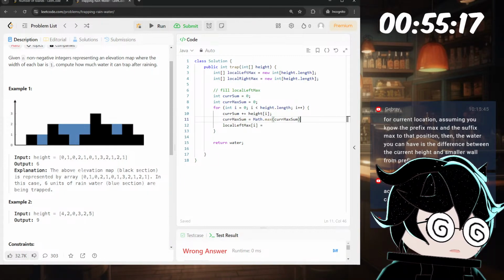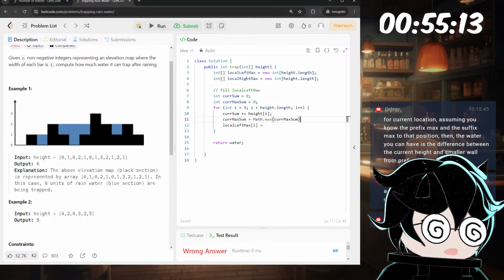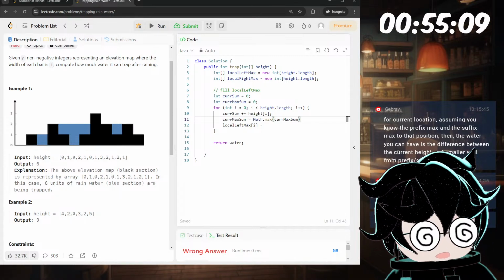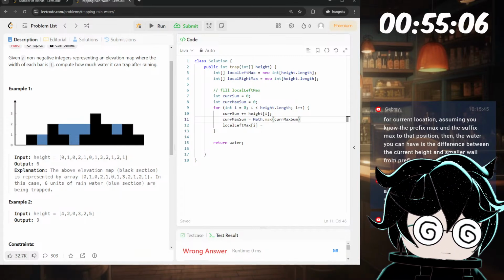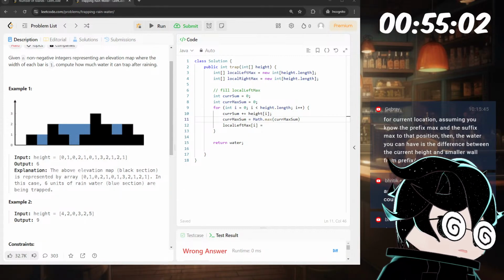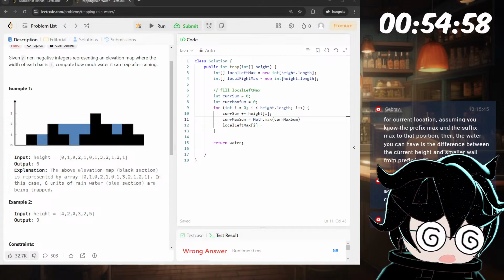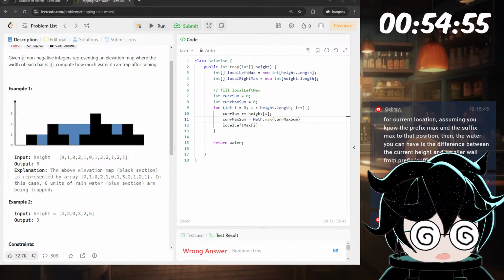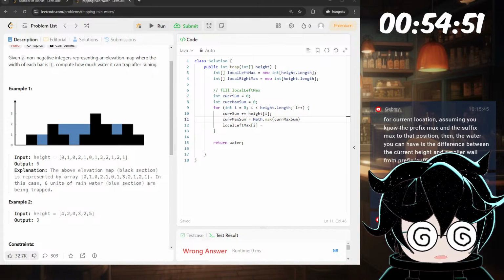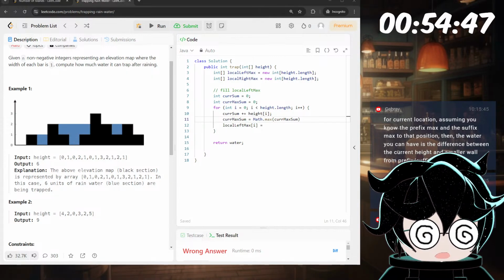For a current location, assuming you know the prefix max and the suffix max to that position, then the water you can have is the difference between the current height and the smaller wall from the prefix or suffix. Wait, hold on, I have to read that more carefully.